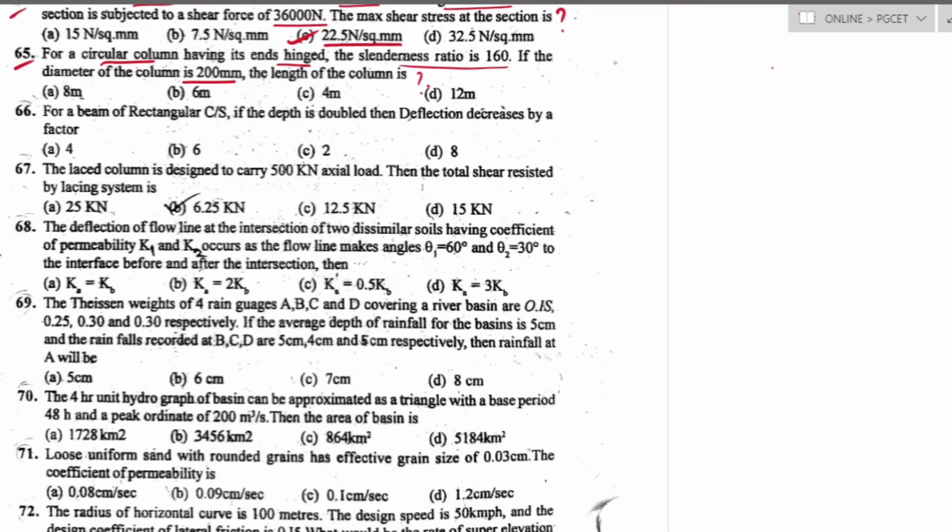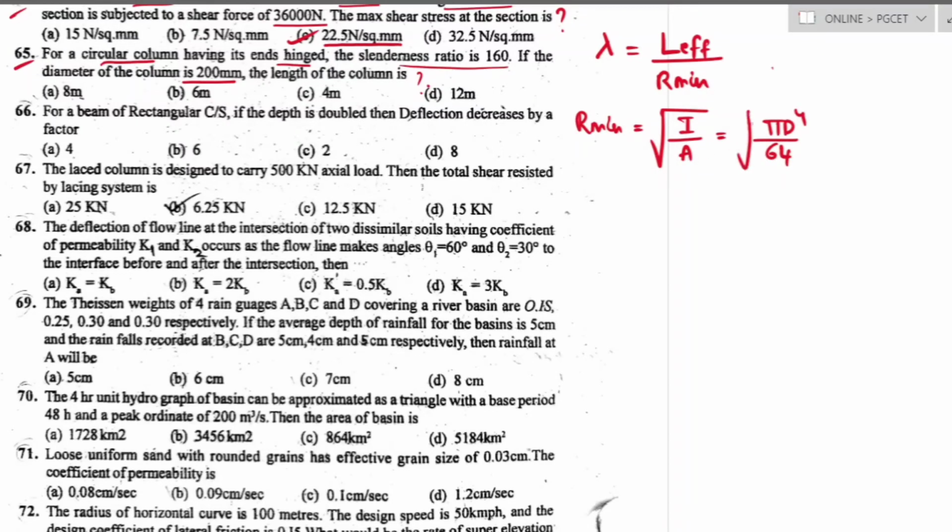So we have to find the length of the column using the slenderness ratio relation. We know that slenderness ratio lambda is equal to effective length of the column divided by least radius of gyration, where least radius of gyration r minimum is equal to square root of I by A. I is the moment of inertia of a circular section, that is πd^4 divided by 64, divided by area of the circular section, πd² by 4.